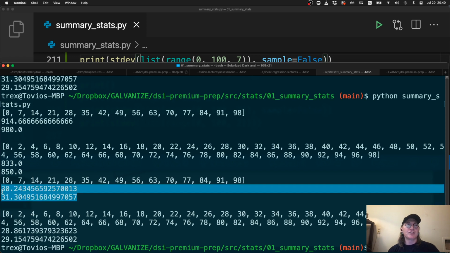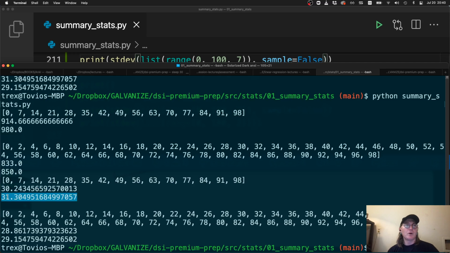Now, standard deviation, I just want to point this out. The difference between the standard deviations for population and sample are much, much more subtle, right? This is a little more than one difference. Like we're looking at something that is maybe not significant in the sense of how we think about significance in statistics.